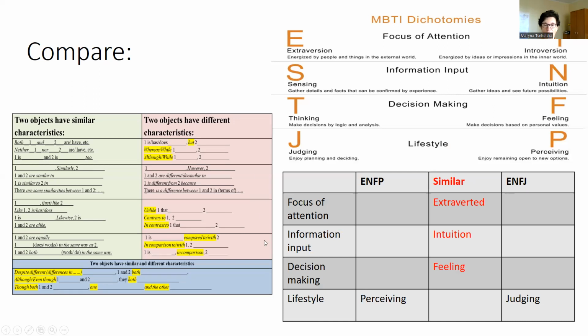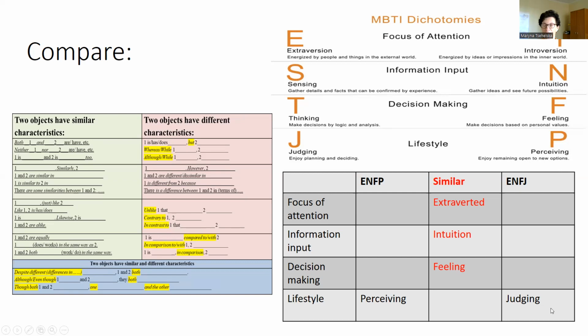So let's look at the table closer. We see that we are characterizing these two types by the following categories: the focus of attention, the information input, decision making, and lifestyle. And we see that they have similar characteristics: extroverted, intuitive, and they are based on feeling.